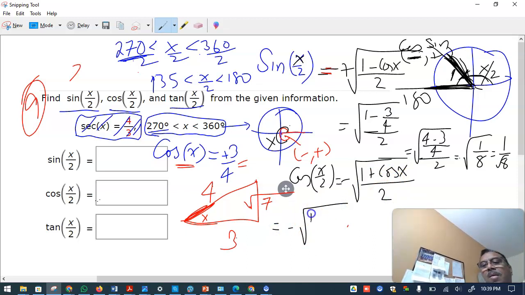A lot of work. This time it is plus. So when you get this, it will be 4 if I multiply 4 and 4. So 4 plus 3 is 7, over 4 and 8. So square root of 7 over square root of 8.